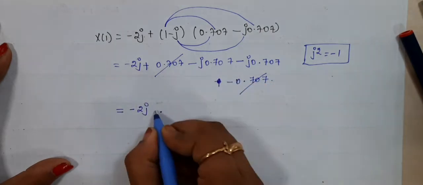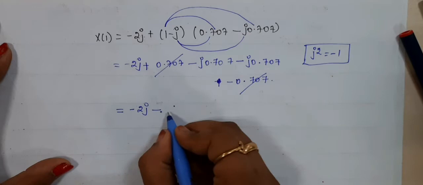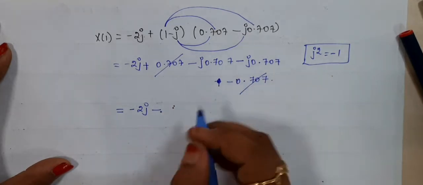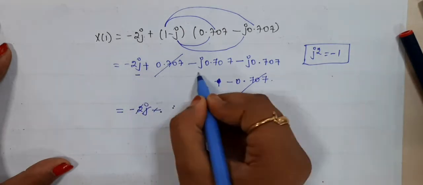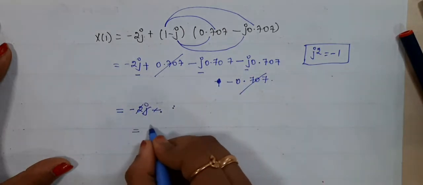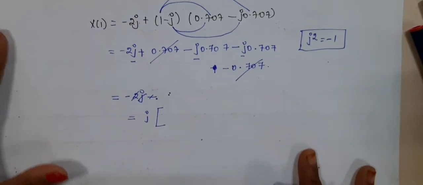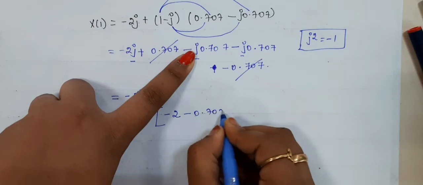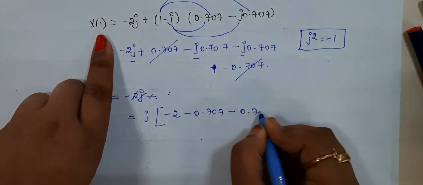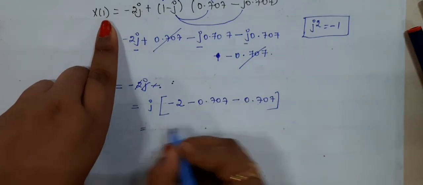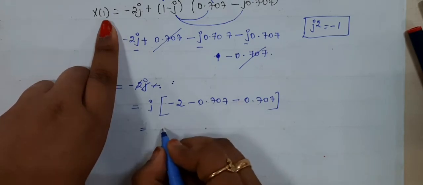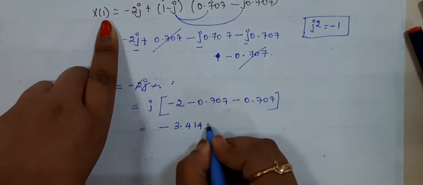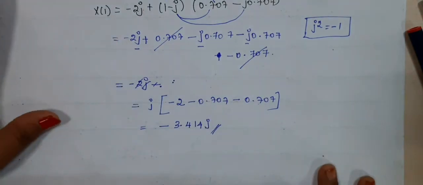This j term is common, so we can take the j term outside. So minus 2 minus 0.707 minus 0.707. So if we add this, you will get the value as minus 3.414 j. So this is the value for the x of 1.